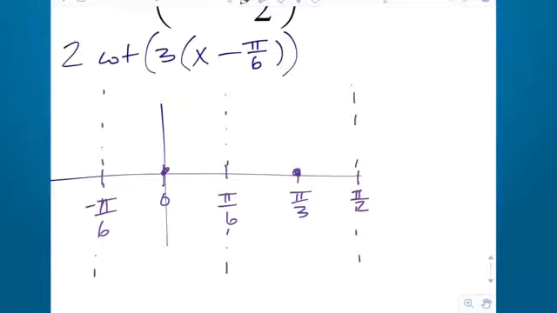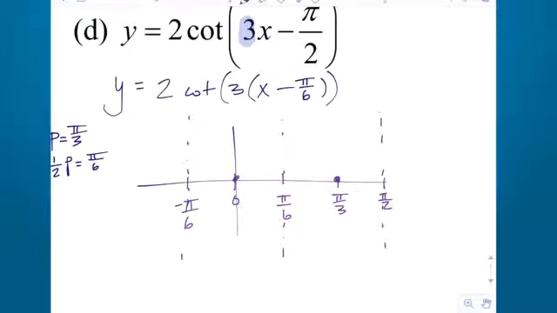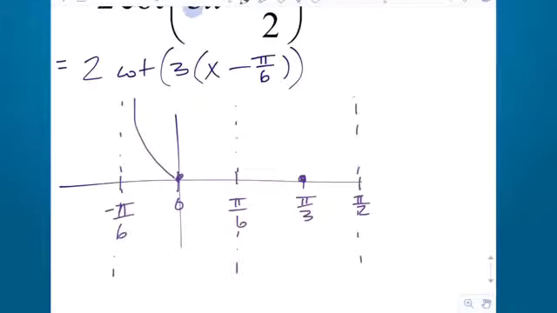And it's really that easy. There's no d value, so we can just put our inflection values on the x-axis. And now we just connect the dots with a function that is going up or down? Going down. So again, I always encourage you to draw your vertical asymptotes first, because it gives you something to draw your graphs towards. And there's 2 cycles.